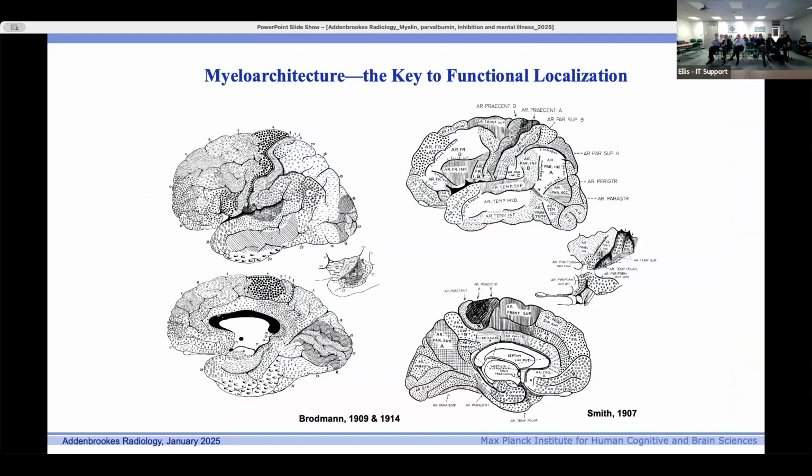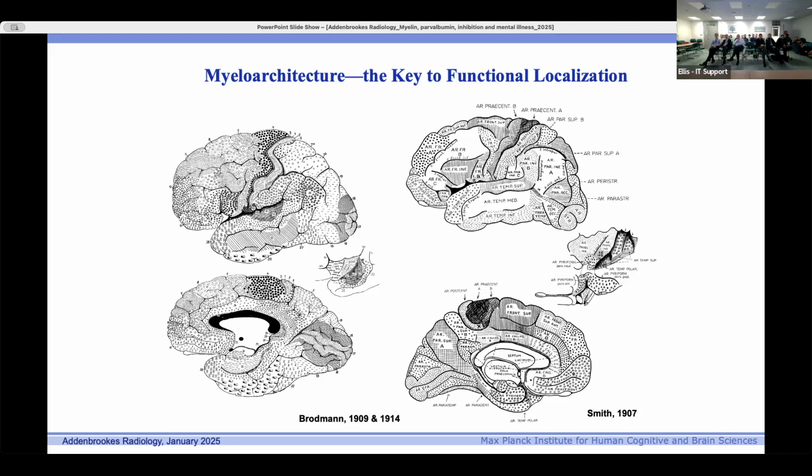So there's a parallel universe in looking at brain anatomy besides the parcellation of the cortex due to Brodmann, which is the one that most people use, using the cells, the neuron stain.